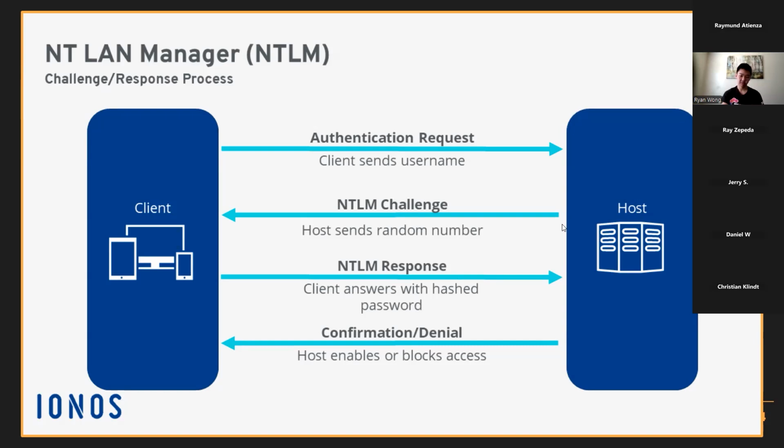If the two encryptions match what the host has, then it confirms or denies whether you're allowed in or not. So essentially with pass the hash, I believe it's just skipping these first two steps and sending an NTLM response. Don't quote me on that, but that's how I like to believe that's how it works.